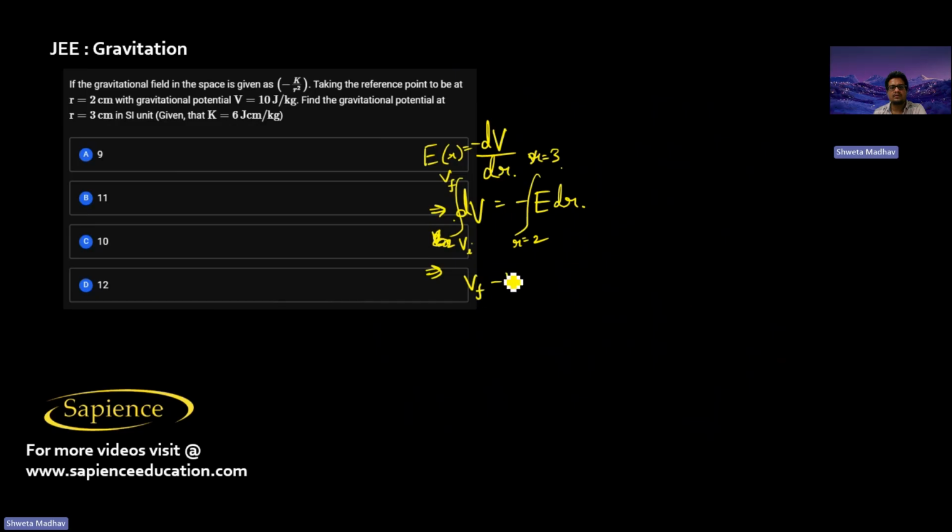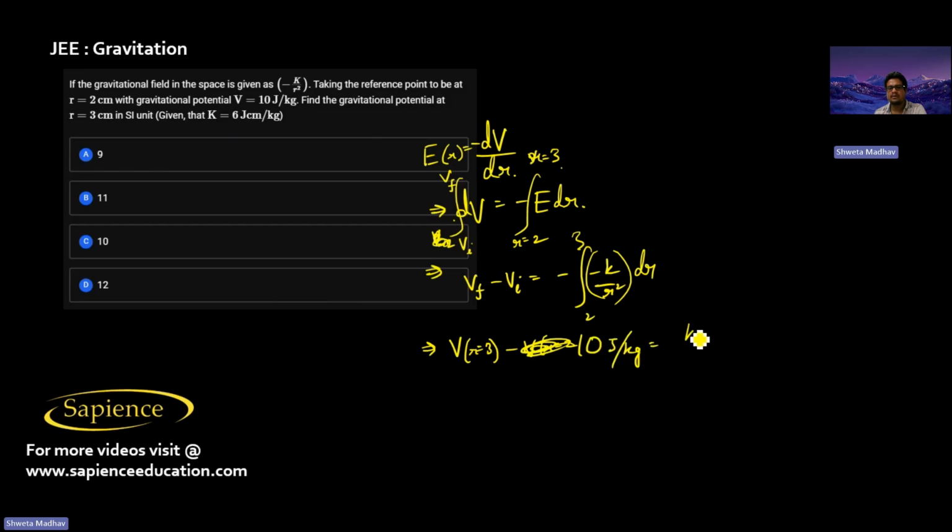Means V final minus V initial, means V at r equal to 3 minus gravitational potential at r equal to 2, that is equal to minus integral of minus k by r square into dr from 2 to 3. So V at r equal to 3 minus V at r equal to 2, which is 10 joule per kg.